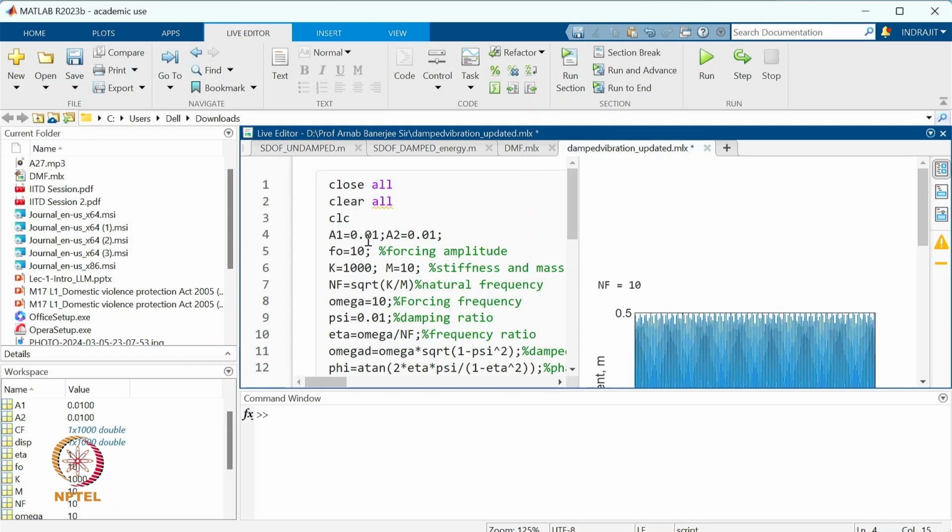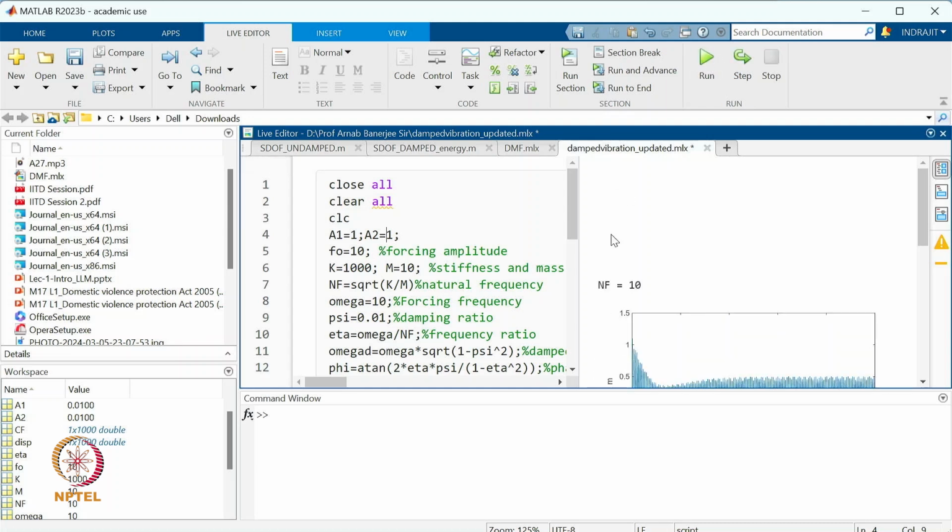Look, it goes from 0.01 to 0.5. And if I make it 1 like the previous one, you see that the steady state remains 0.5, but it comes from 1 to 0.5.